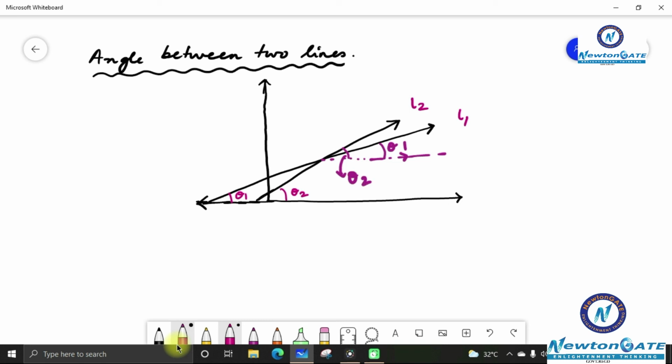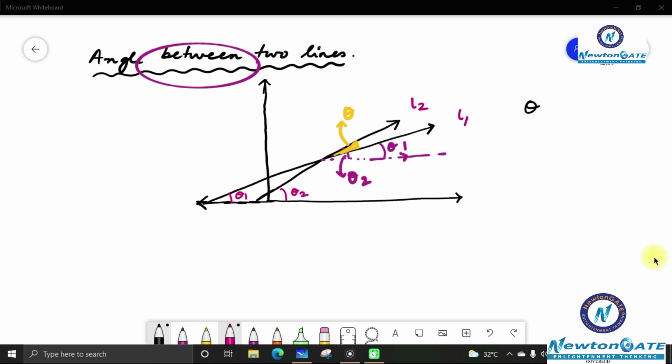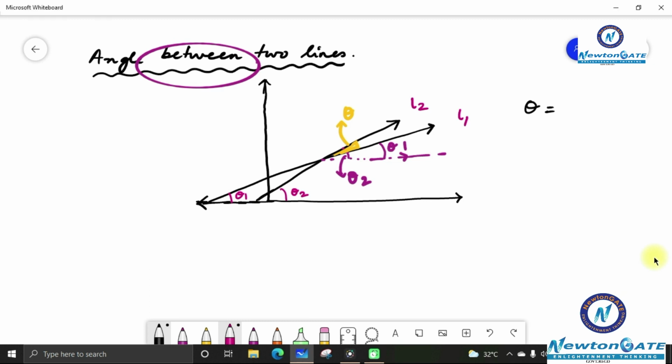Now what is my concept? Angle between two lines. The angle between two lines is this portion. Let me shade that for clear understanding. This is the angle we are interested in, that is the angle theta. So can we not say that theta is actually theta 2 minus theta 1?